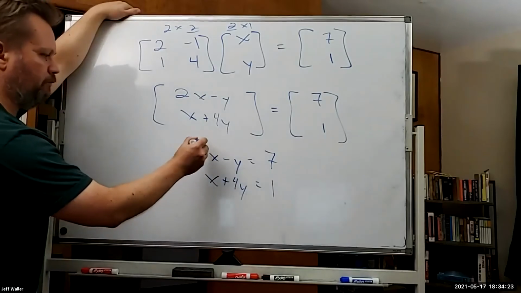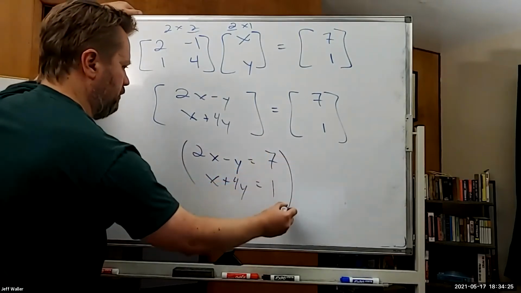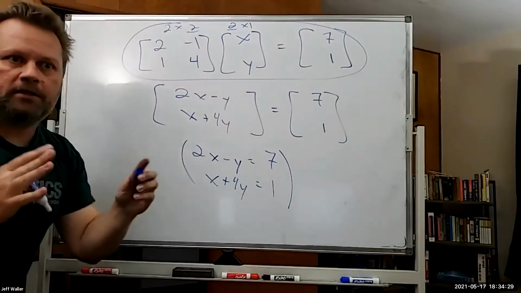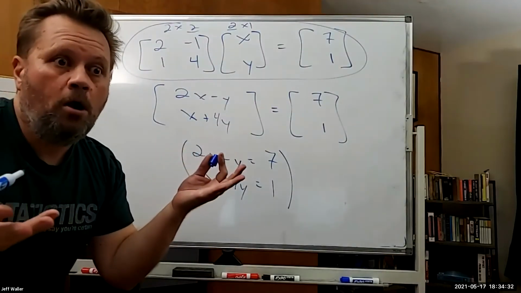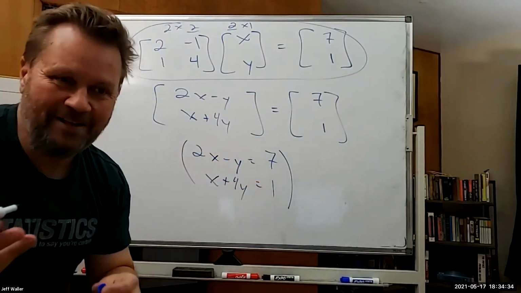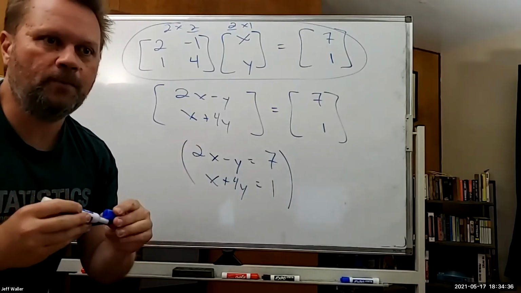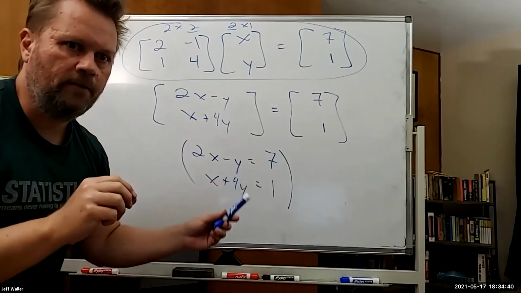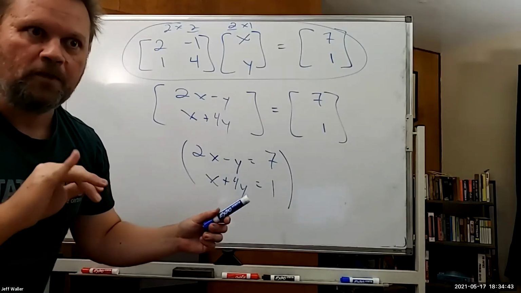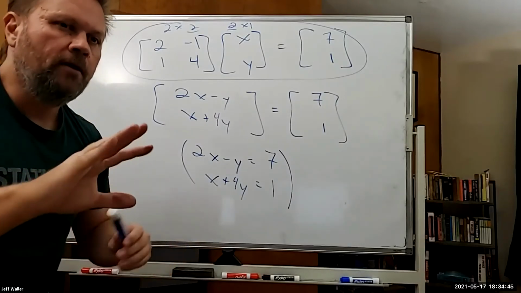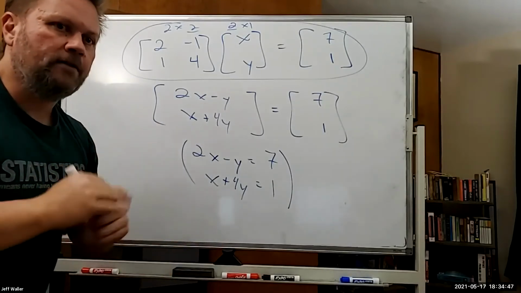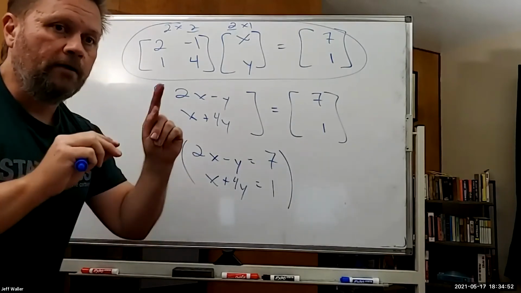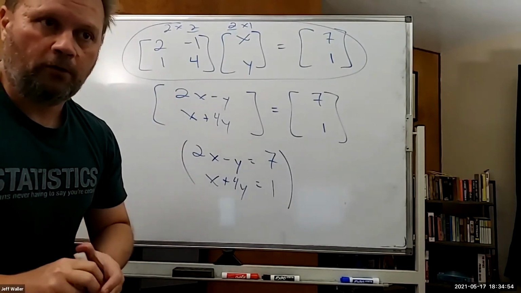So I can represent a system of equations in matrix form. There are things I can do with matrices that I cannot do with this directly. So we're going to learn a couple of ways to solve a system of equations quicker if I write them in matrix form.